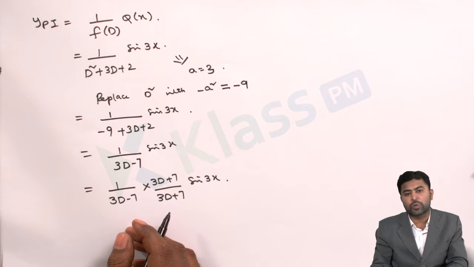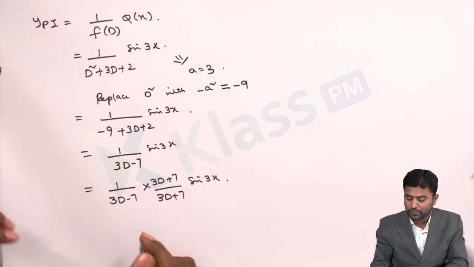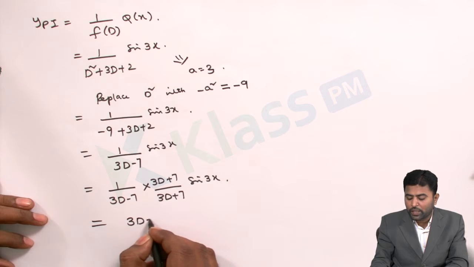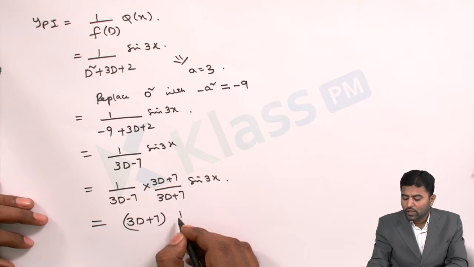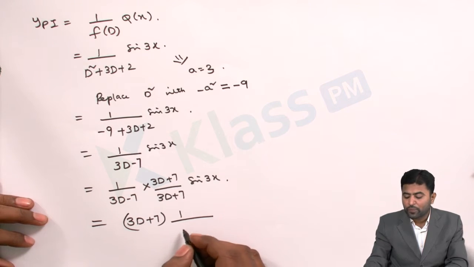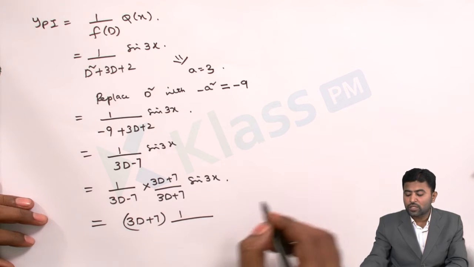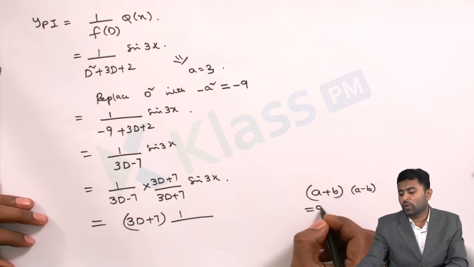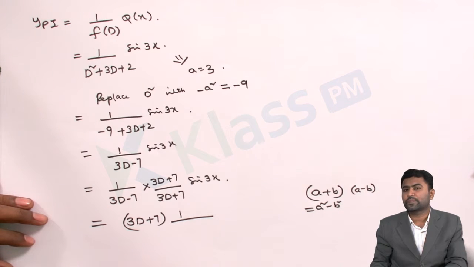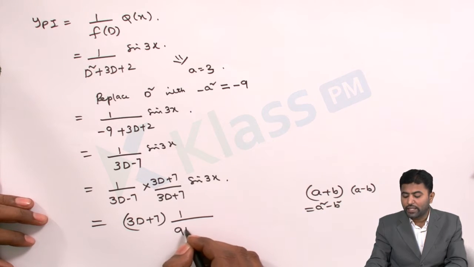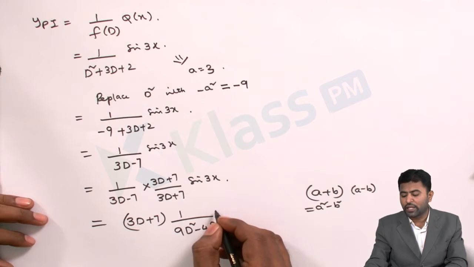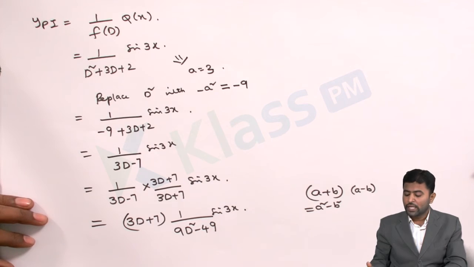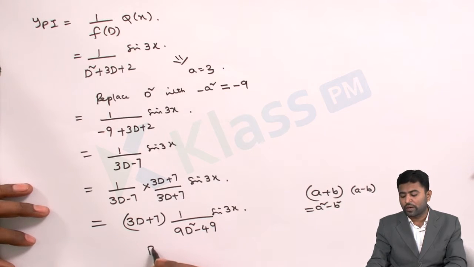Then you have to replace D square with minus a square. So this is equal to 3D plus 7 into 1 by 3D. This is of the form a plus b into a minus b, which is equal to a square minus b square. Right? So this will give 9D square minus 49 into sin 3x. Now I'll replace D square with minus a square.